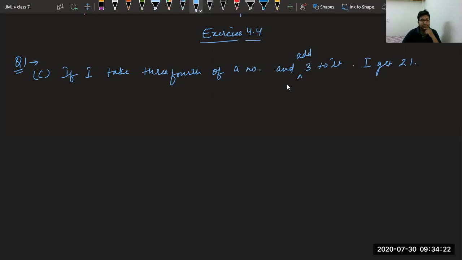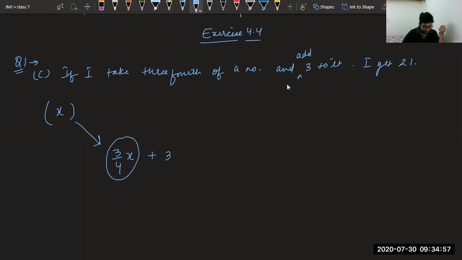Let us see. It is saying if I take 3/4 of a number, suppose a number was there, suppose x was there. If you take its 3/4, that means it is 3 by 4x. And you are adding 3 to it. If they were saying if I take 3/4 and add 3 in the remaining, all of you, if you take 3/4, what is remaining?